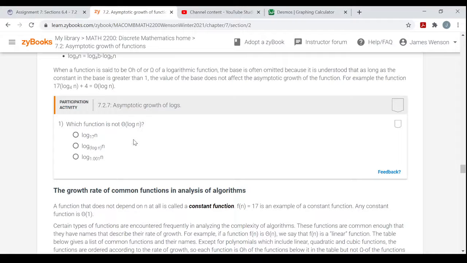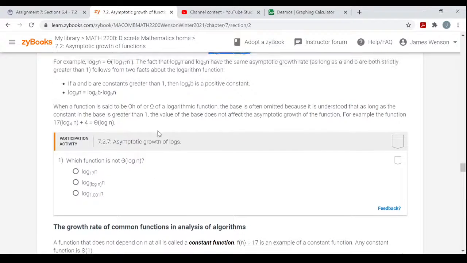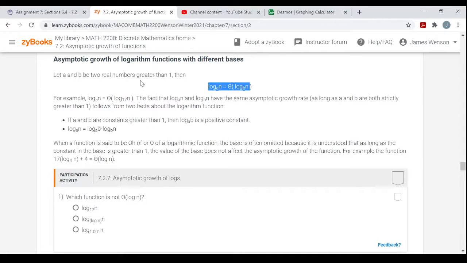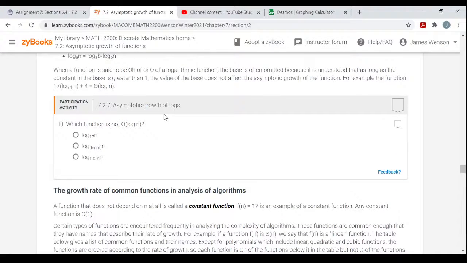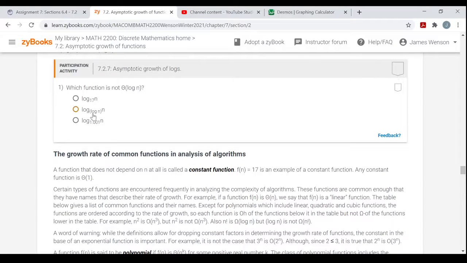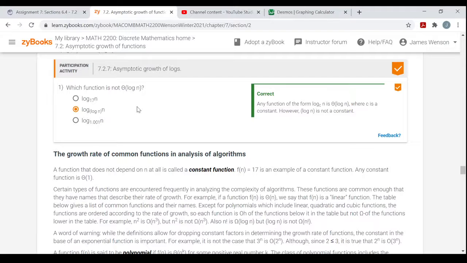Again, logs of any base greater than 1, I should say, have the same growth rate. And this one here, the base is not a number. It's something with another variable entirely. So this would have a different growth rate than those logs.